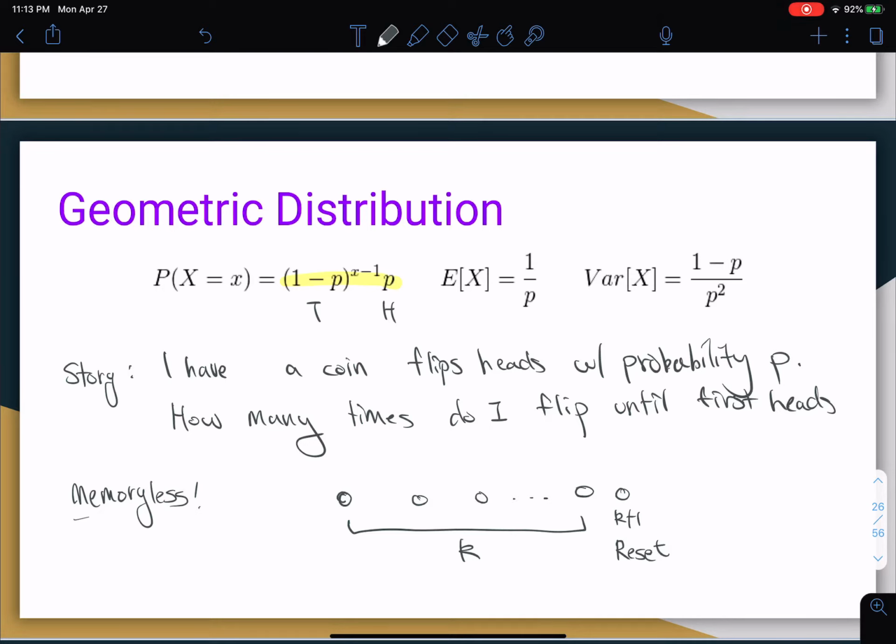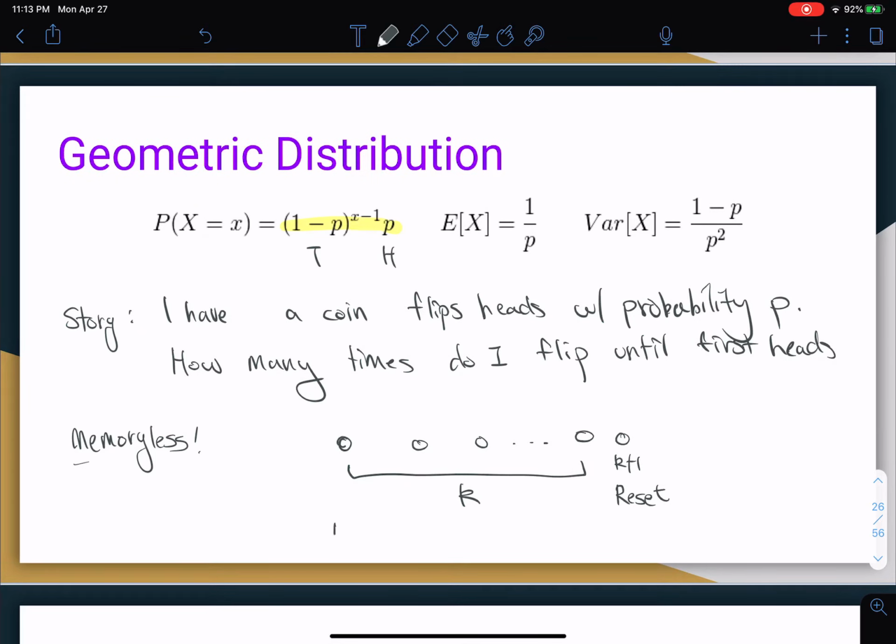So what this means, if I put it more formally, is that the probability of x, given that I've seen k, is the same as the probability of x, right? Let's actually put this a little more formally.